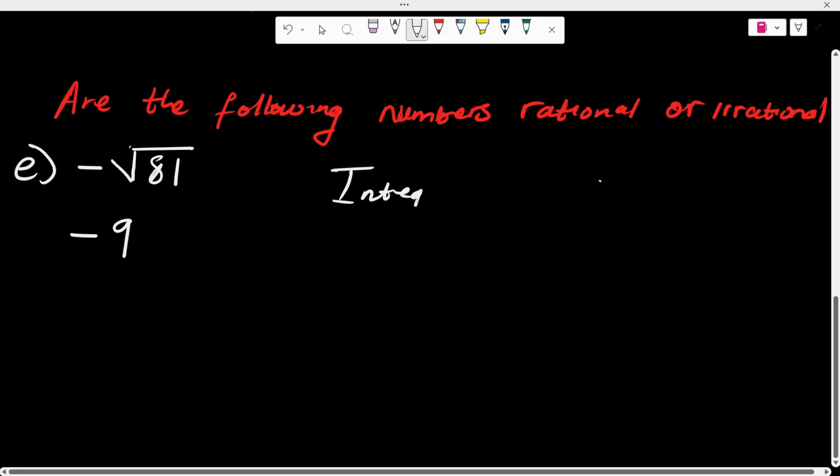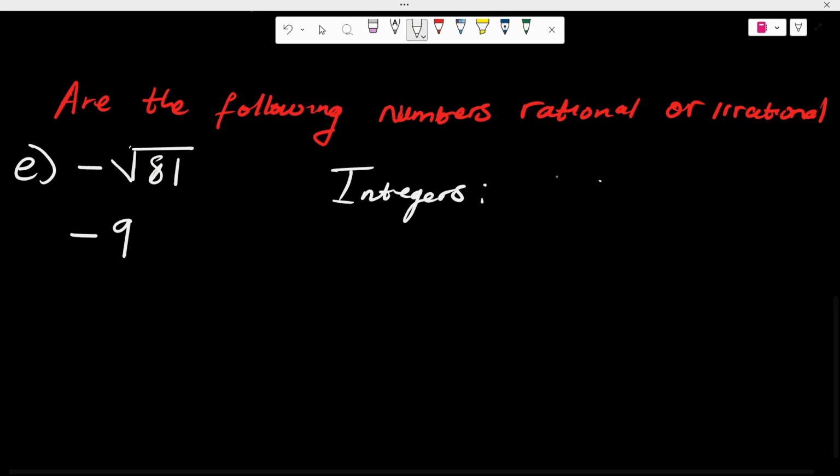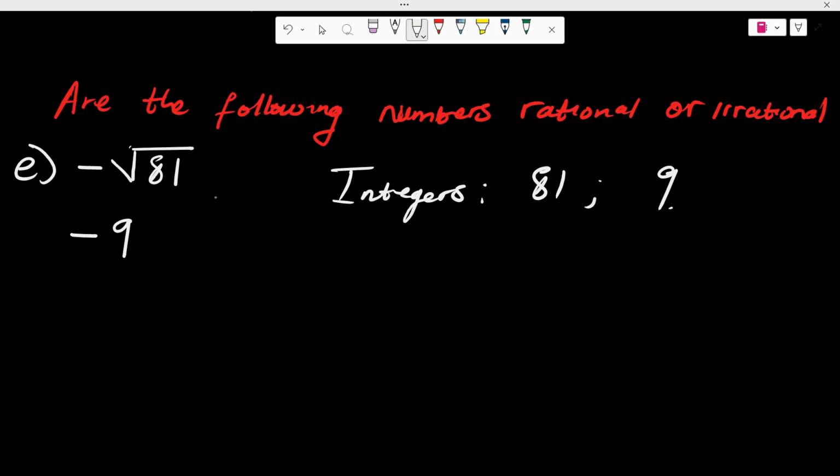We need two integers: negative 81 and 9. Negative 81 divided by 9 gives us negative 9. So negative 9 is a rational number.